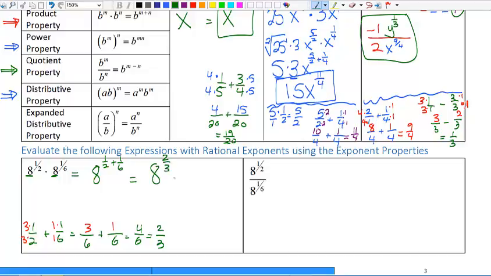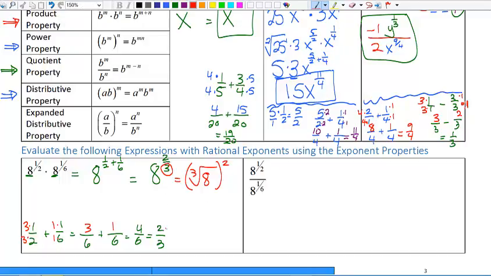On the last couple of problems when we were evaluating expressions with variables, we were done at this point. But I can't be done here because 8 to the 2/3 can be reduced. When I have a base of a number, I can rewrite it as a radical, and I have the cube root of 8 and then I can either square the 8, or I could take the cube root first and then square the whole thing.